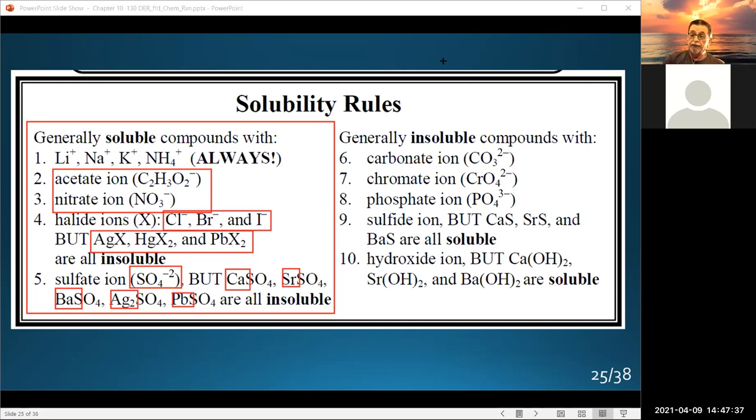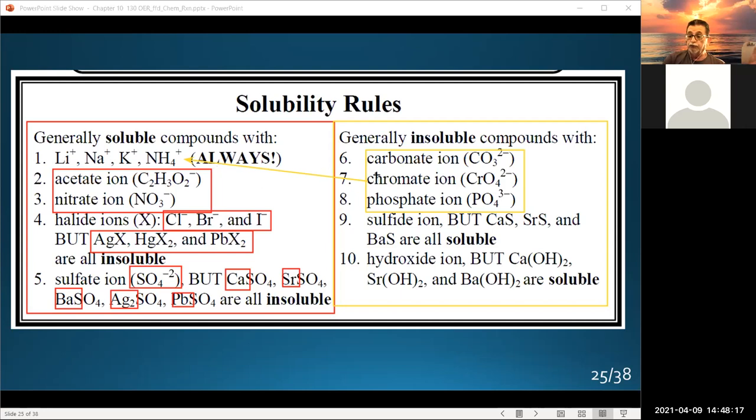Now, with respect to the insoluble section on the far right here, everybody here is insoluble. Carbonate, chromate, and phosphate are insoluble regardless of the cation they are bonded to. The only exception is if they are bonded to any of the 4 in number 1 of the soluble column. So carbonate is normally insoluble unless it's bonded to lithium, sodium, potassium, or ammonium.